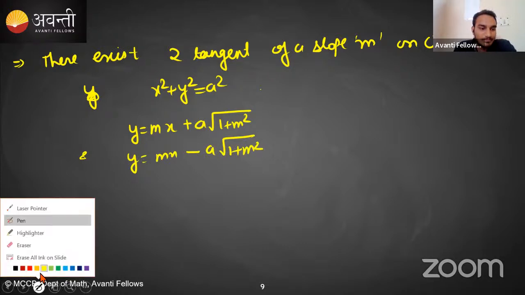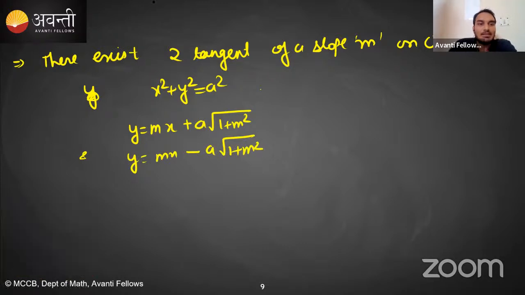Is this clear, everyone? We just derived this equation of tangency for the special circle which has origin (0, 0) and radius a, and we notice that for any slope m, there exist two such tangents on a circle.